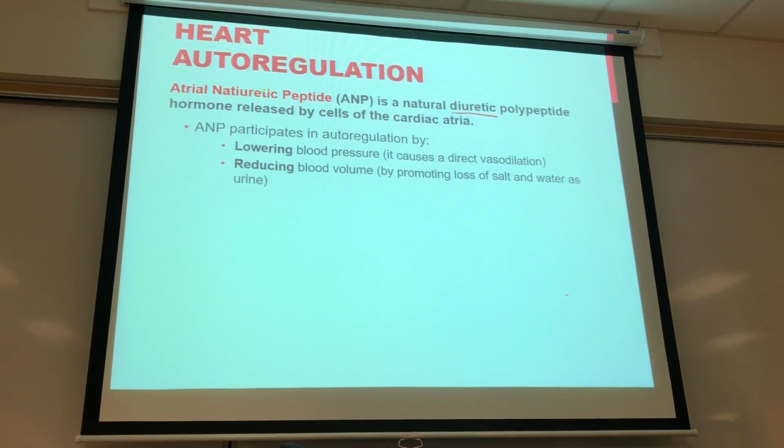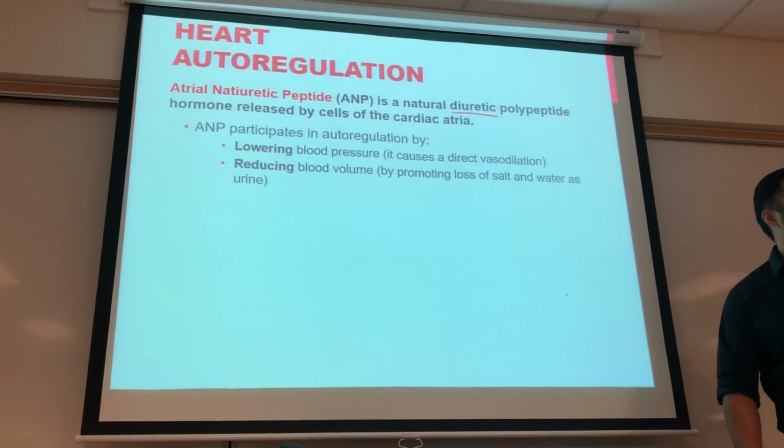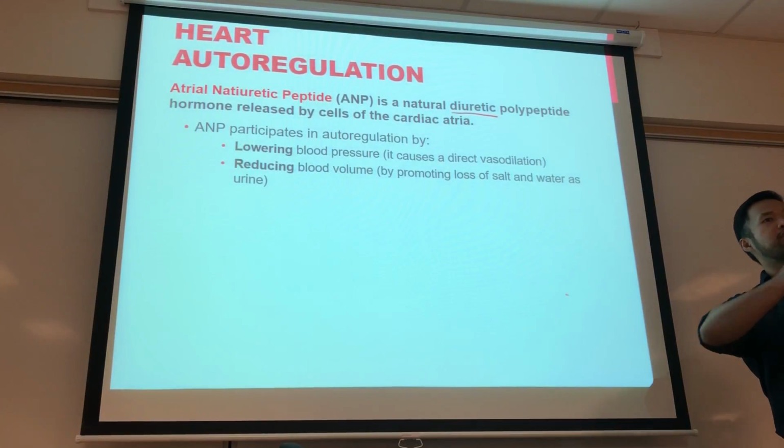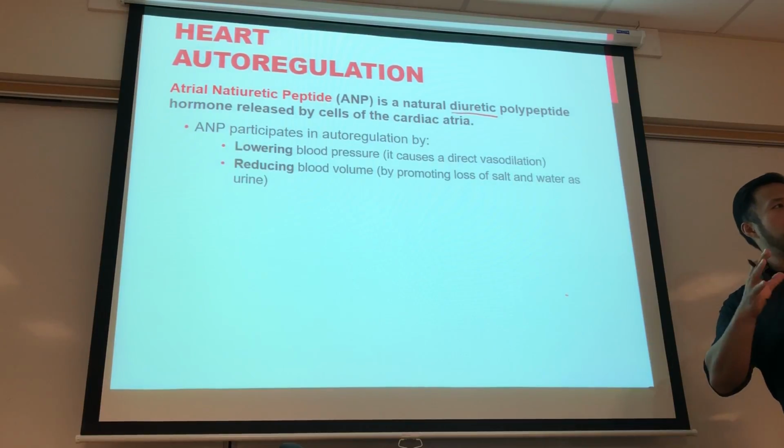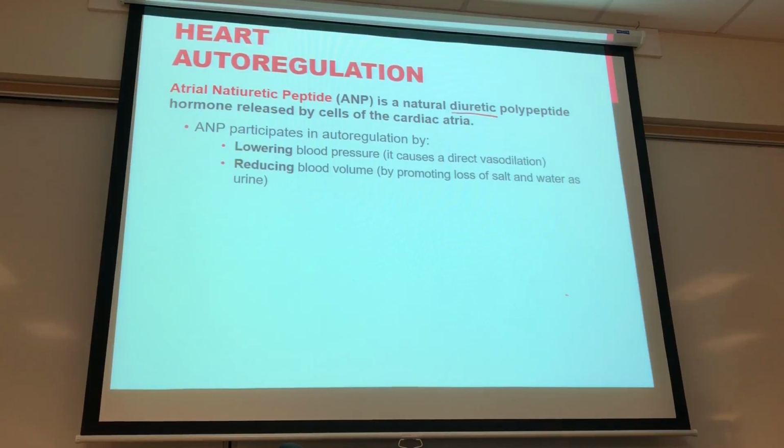The atrial natriuretic peptide, or ANP, is released by the atrial cells. We have stretch receptors in there. As the right atria stretches out, it must mean we've got high blood pressure. Therefore, that release of ANP is going to decrease blood pressure as a potent vasodilator.